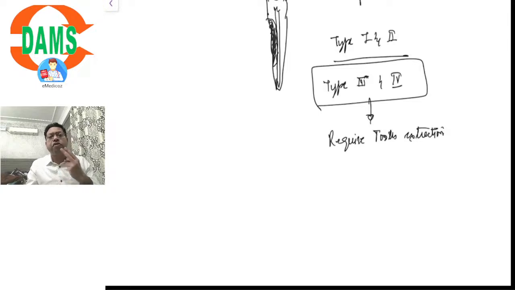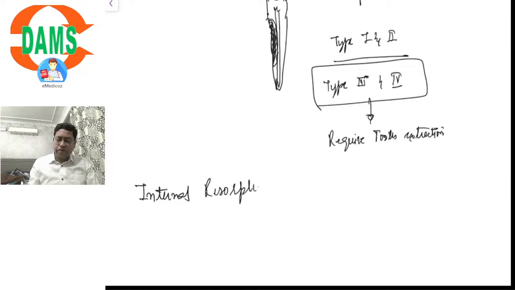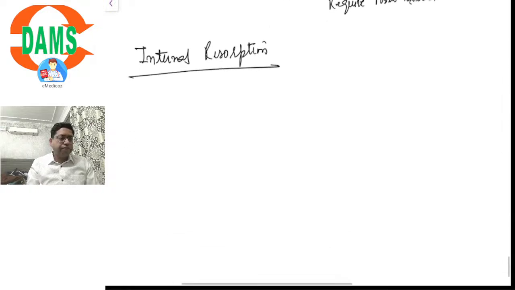So principally two forms of external resorption are there, inflammatory and cervical resorption. Now we talk about internal resorption. This internal resorption is abbreviated IRR.